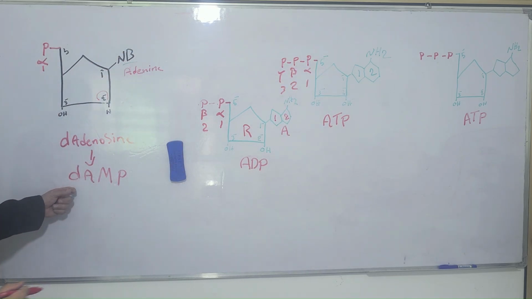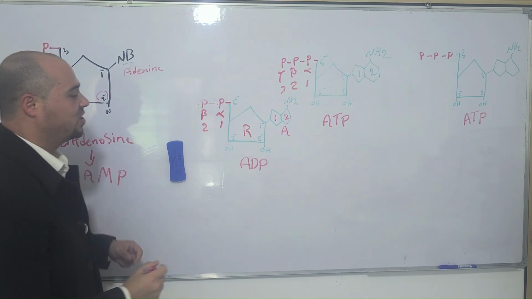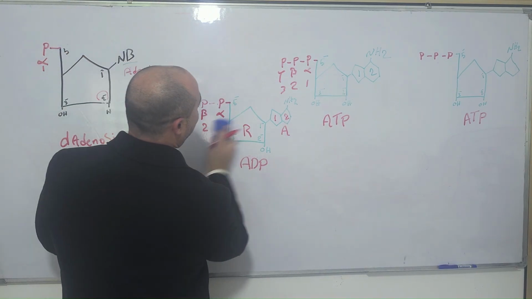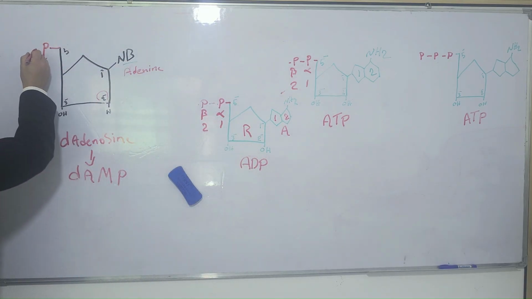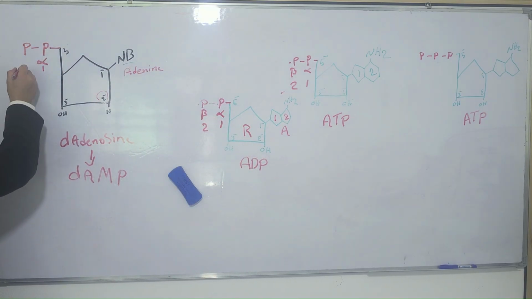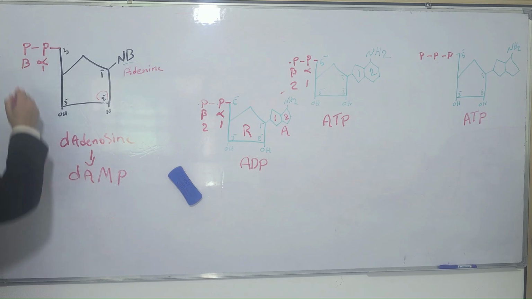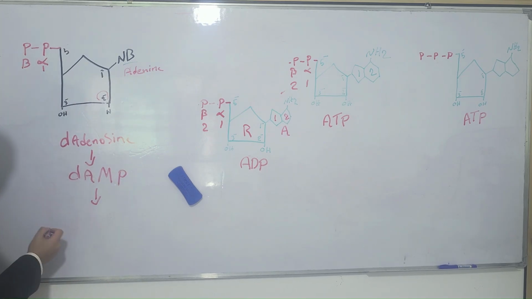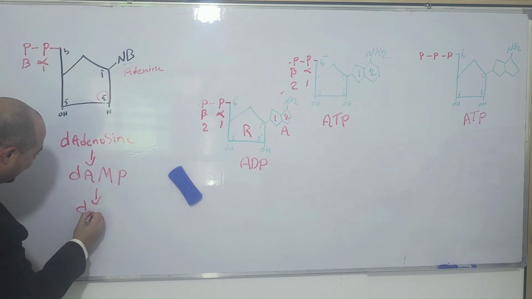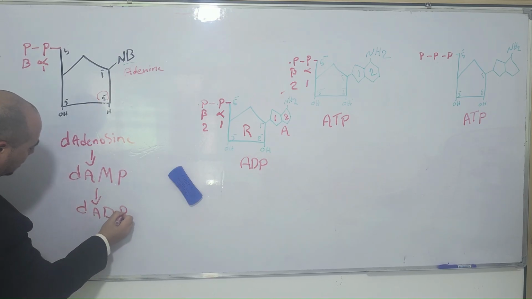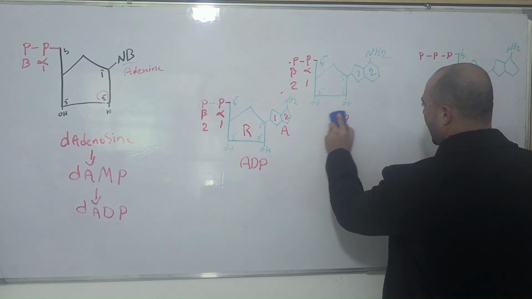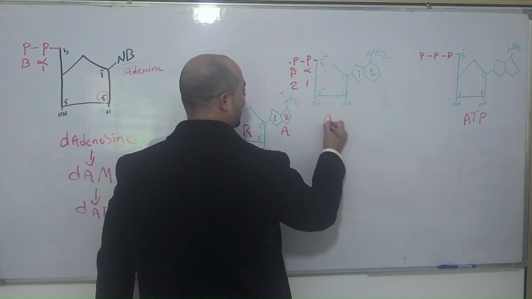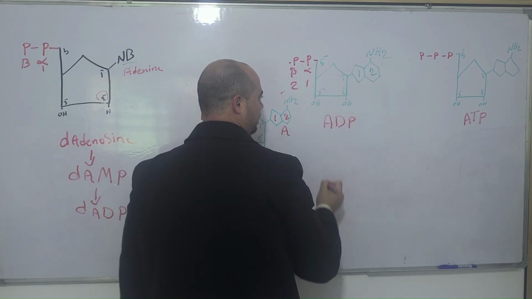And so again, this is the alpha, beta, and gamma, or 1, 2, 3. Now the deoxyadenosine monophosphate kinase comes and takes this one from here and transfers it here. And now this is called the beta phosphate, right? And so deoxyadenosine monophosphate, because now it has 2 phosphates on it, is going to be called deoxyadenosine diphosphate, because 2 phosphates, right? Now the last one, of course, the ATP, it becomes ADP, right?